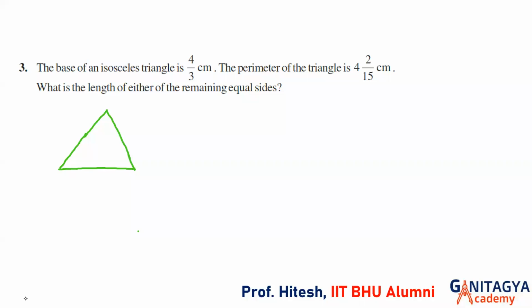The meaning of isosceles triangle is two sides are equal, and equilateral triangle means all sides are equal. So these two sides, let us say x, and this is also x. Understood? And the base is given by 4 by 3 centimeter. Very easy. So the perimeter will be 2x plus 4 by 3.